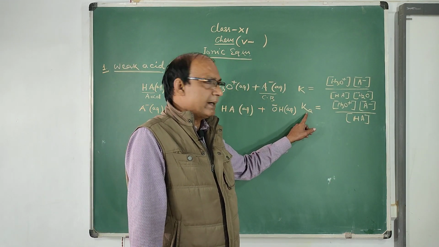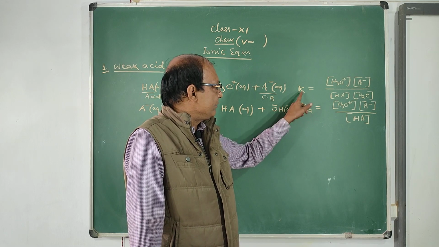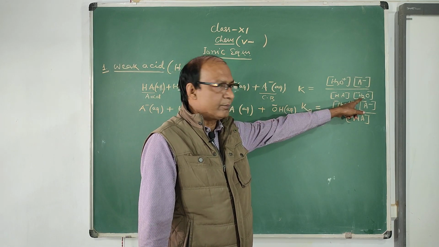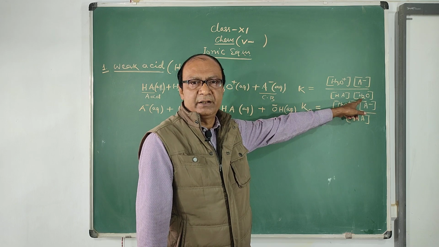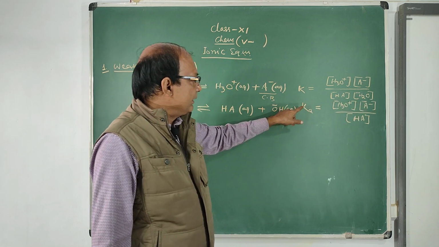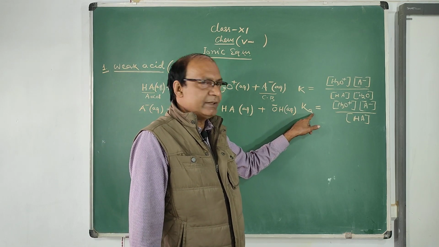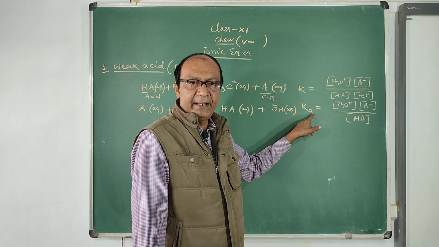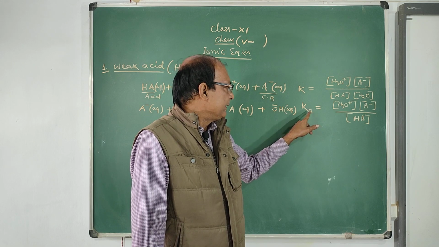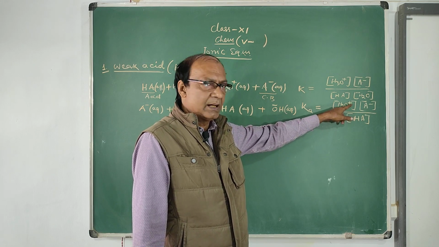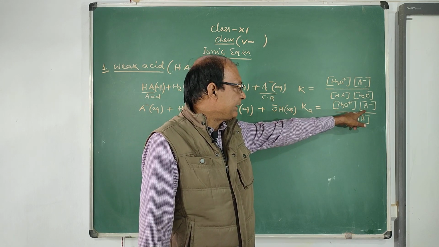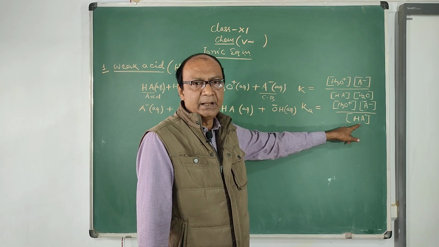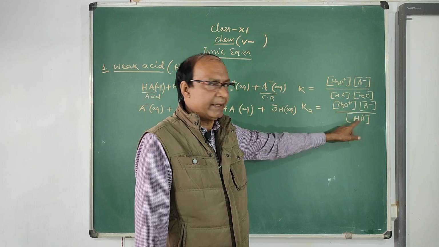Denoted by Ka. What is Ka? Ka equals K into concentration of water, which is constant, 55.5 mole per liter. Therefore, this is known as the acid dissociation constant denoted by Ka at a particular temperature. Ka equals H3O plus concentration multiplied by A minus concentration divided by concentration of HA.